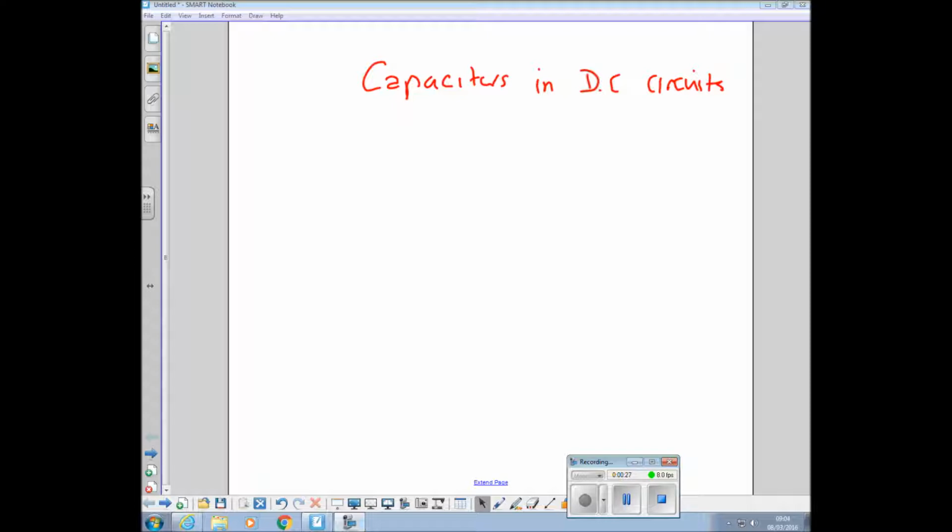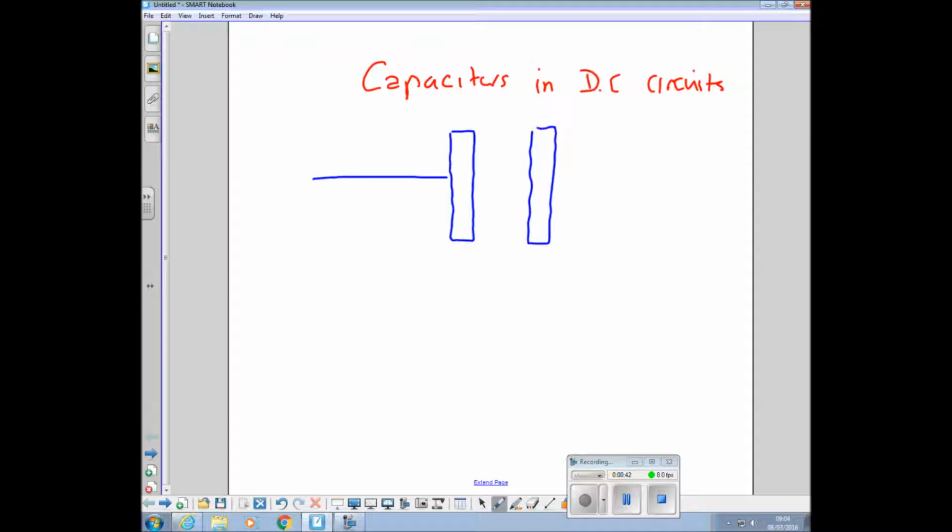Okay, but first of all, a capacitor would consist of some connector leads, two metal plates and some connections to connect into a circuit, and in between those two metal plates there's a layer of insulating material.